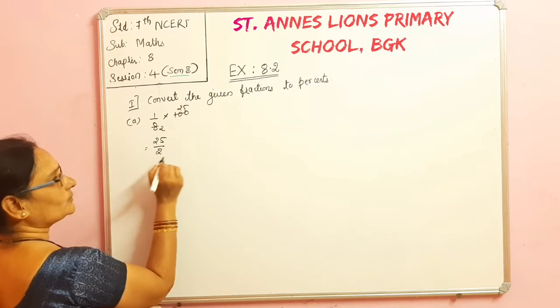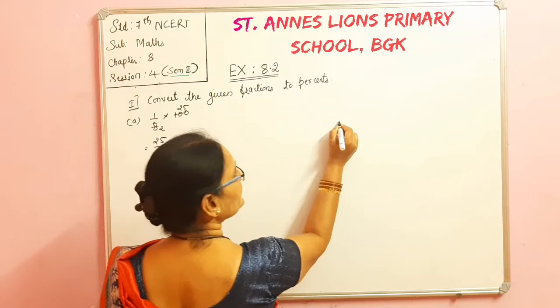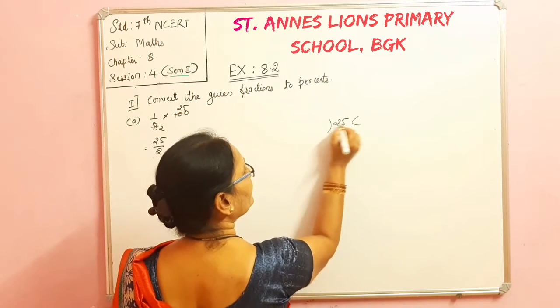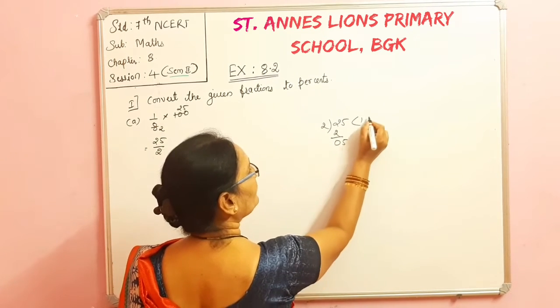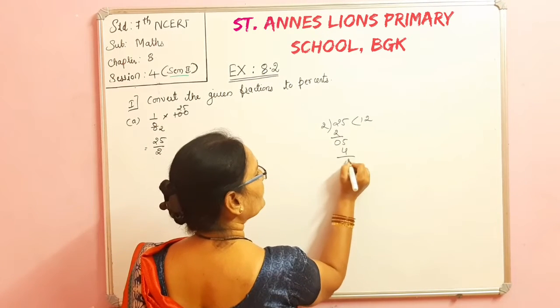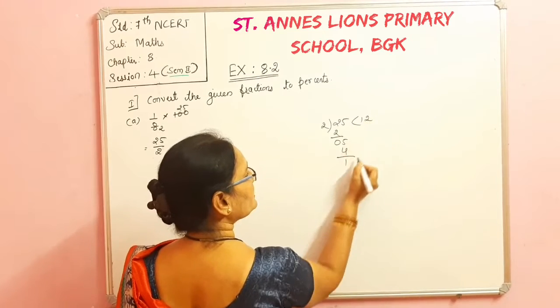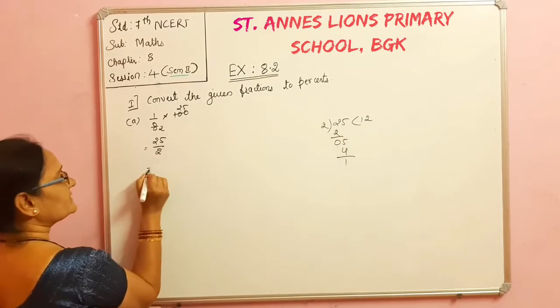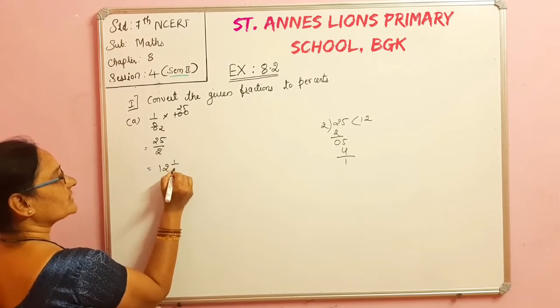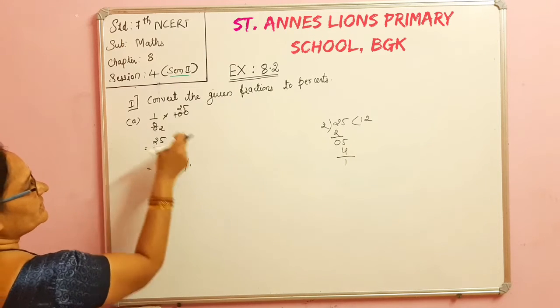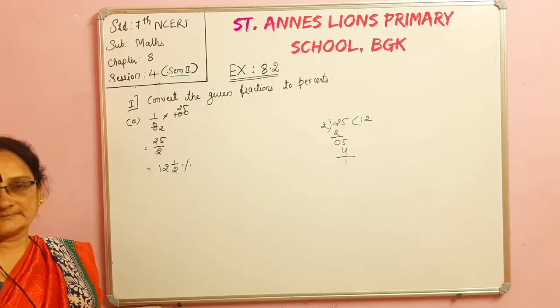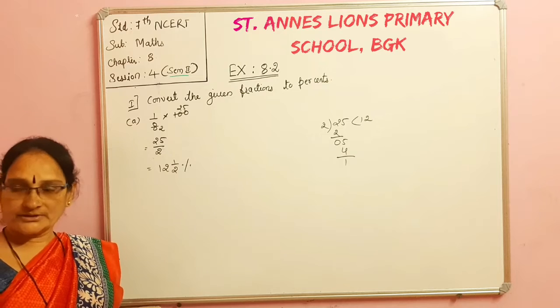So 25 by 2, you divide in the working column. 25 divided by 2: 2 ones are 2, 0. Take the 5 down. 2 twos are 4, 1 remains. So 12 integer 1 by 2. This is nothing but 12 integer 1 by 2%. Fraction is converted into percent. I hope you understood.